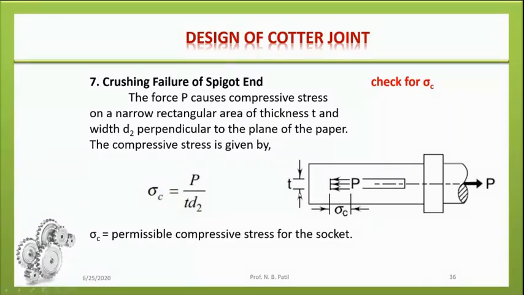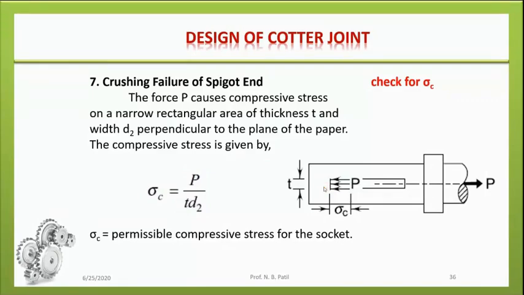It's very simple to determine the cross-section area on which the compressive stress acts, because P acts over here and this area gets compressed. That's why we are taking sigma C into consideration. So this much length is, let us say, T, and this much is perpendicular to the diagram, so I am representing it by only a point.